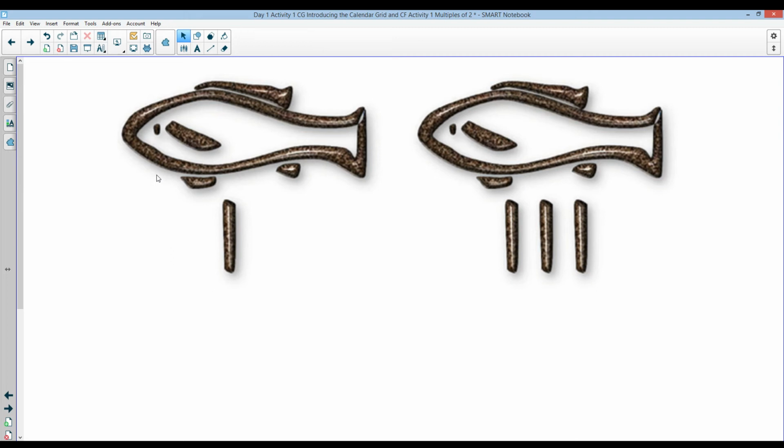It was easy to mark, sometimes on bone, sometimes on wood, and they could carve the number one into it by just a slash. If I caught three fish, 1, 2, 3. Now there does come a problem with this if I caught a lot of fish, or maybe I'm trying to figure out how many fish I caught all season, or how many the village had.